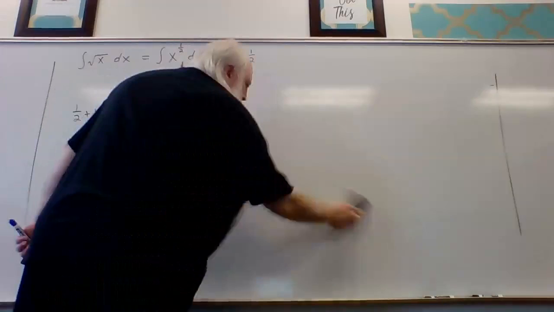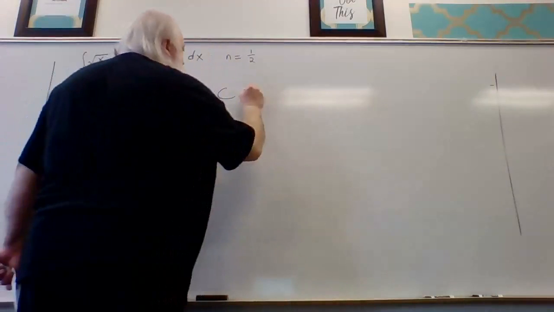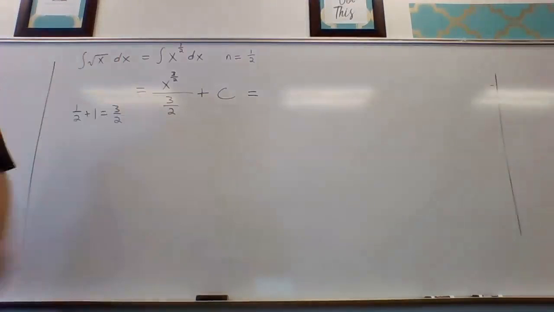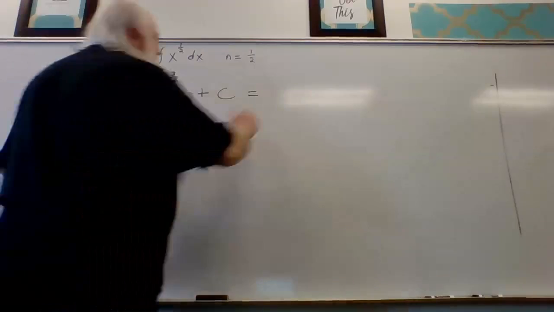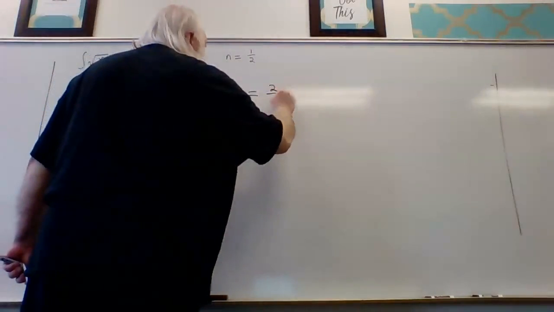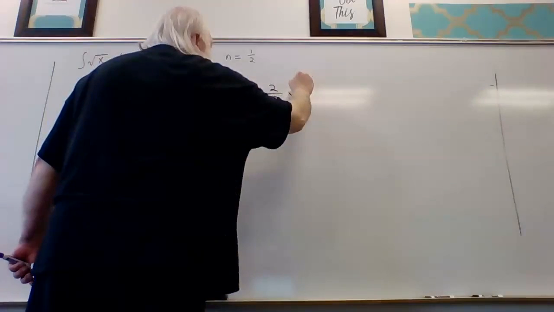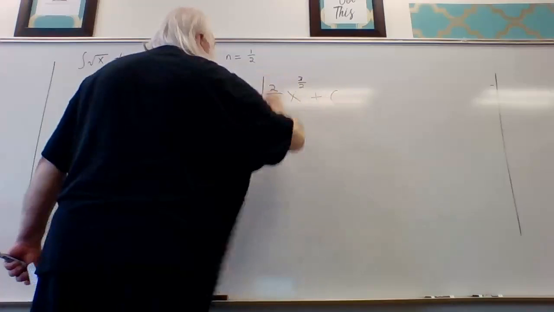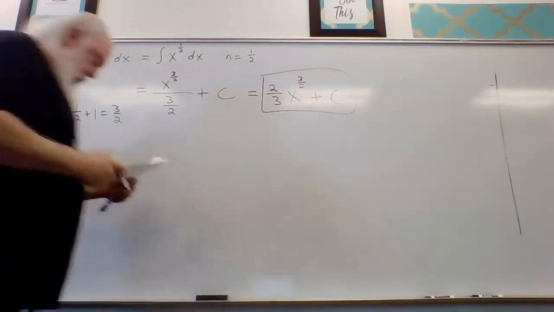Well, we have to simplify that a little bit. Dividing by 3/2 is the same as multiplying by 2/3. So this is equal to 2/3 times x to the 3/2 plus c. And we're done.